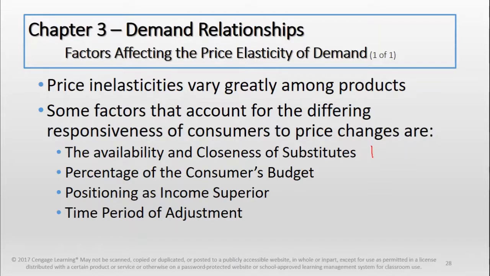Elastic siya again if mas daghan ang substitute sa imuhang product, elastic ang iyahang demand. For example, mo mahal og kalit ang imuhang paliton nga brand sa, let's say, toothpaste, di ba? Since daghan mag-substitute or daghan mag-other brands sa toothpaste.